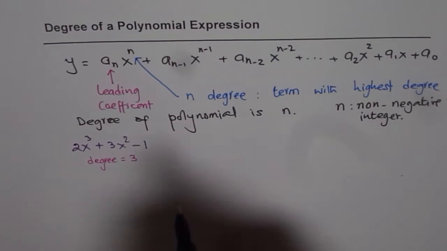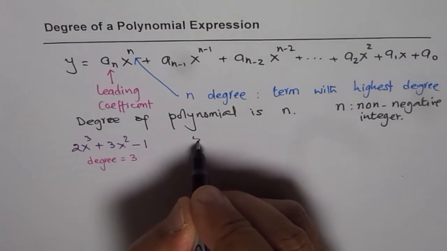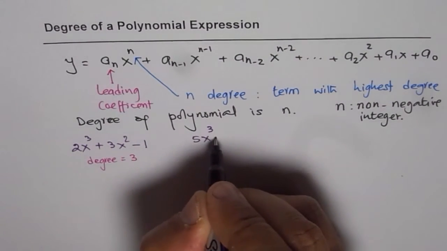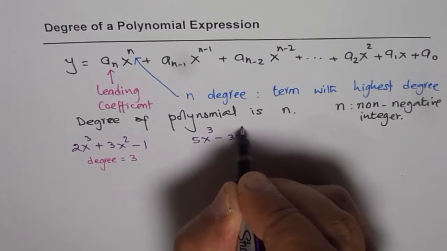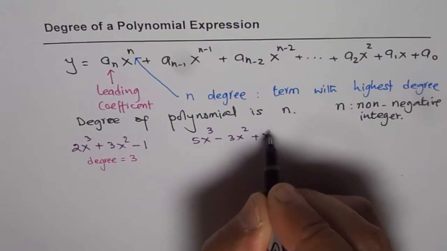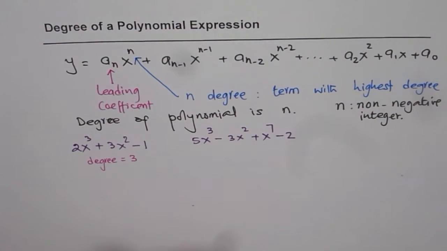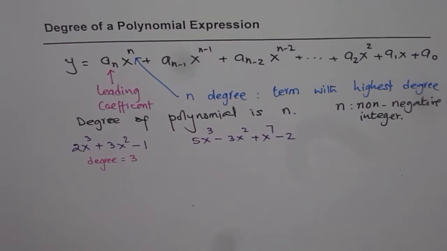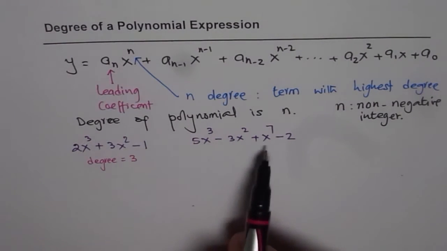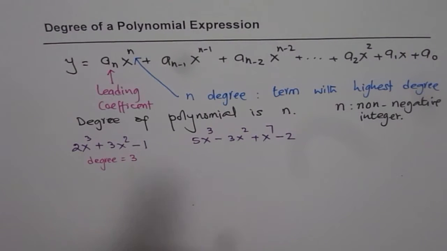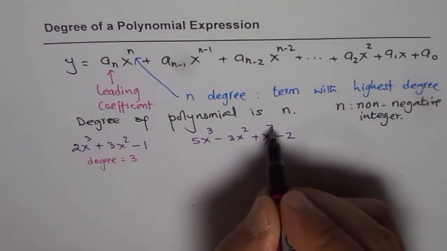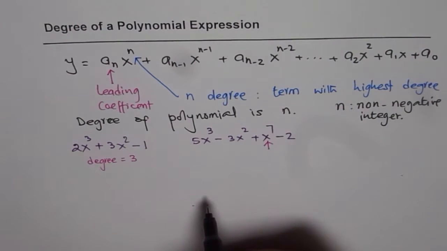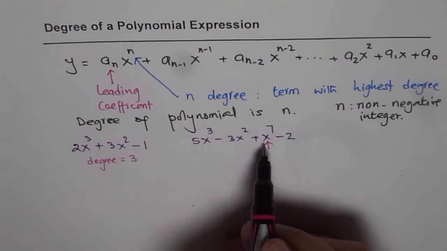Let me give you another example, and this time let it be 5x cubed minus 3x squared plus x to the power of 7 minus 2. Now in this case, what is the degree? As you will notice, it is not written in standard form. We have a term whose degree is 7, and that term is the term with highest degree.